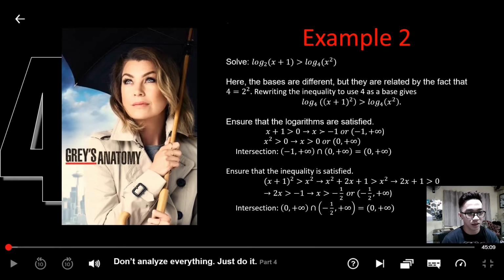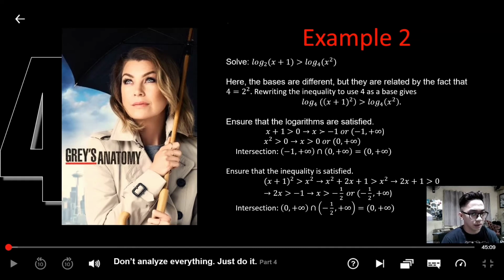Ensure that the inequality is satisfied. (x + 1)² > x². x² + 2x + 1 > x². 2x + 1 > 0. 2x > -1. x > -1/2, or (-1/2, positive infinity).